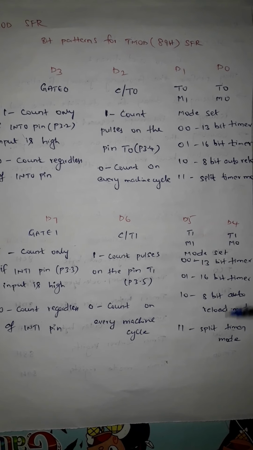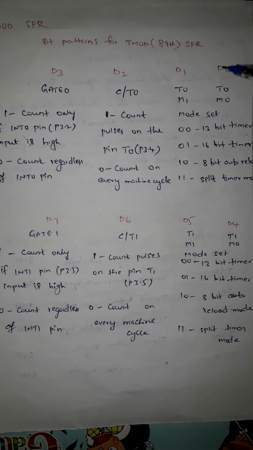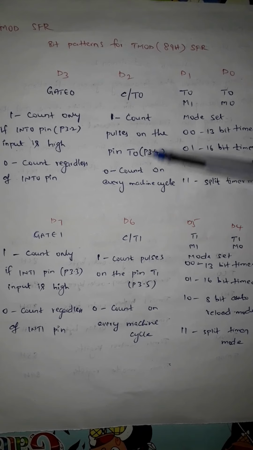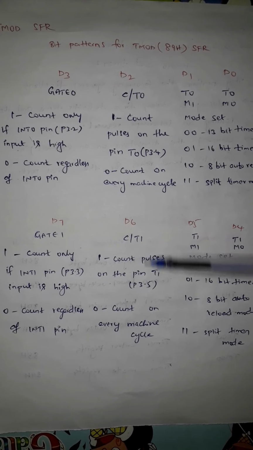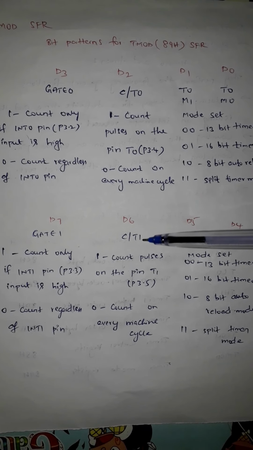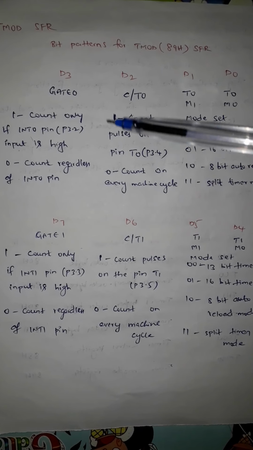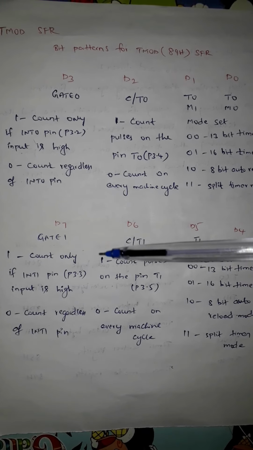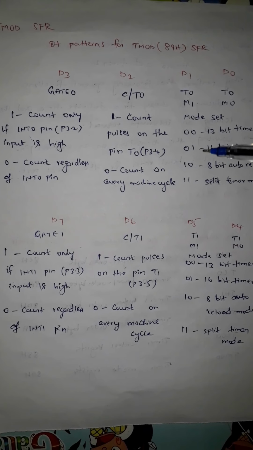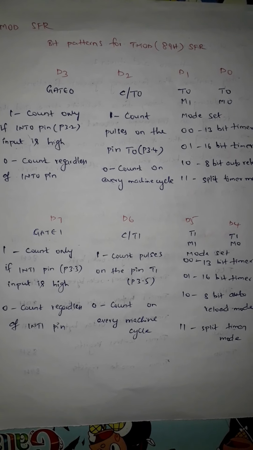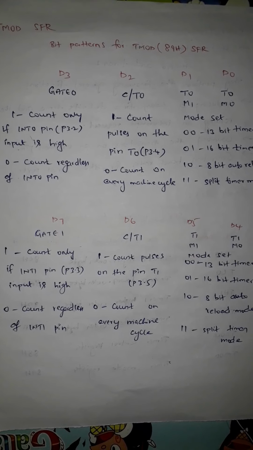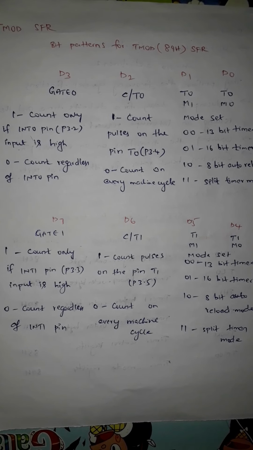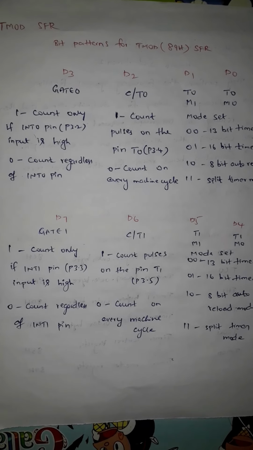Timer 1 modes are the same as timer 0 modes, and the D6 bit is the same as the D2 bit, used to select the counter mode or timer mode for timer 1. And the D7 bit is the same as D3, used as a gate bit for timer 1. So this is the TMOD register. The TMOD register is used to set the mode for the timers and to select the counting or timer operation.